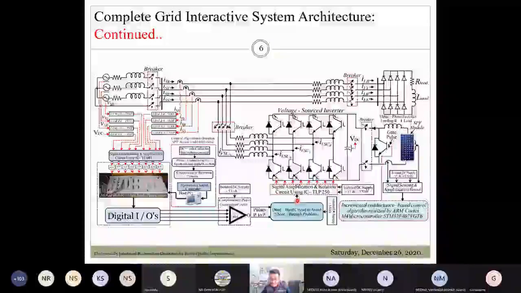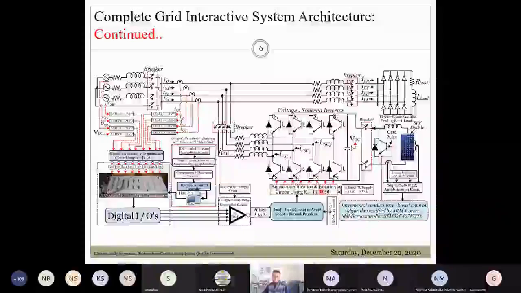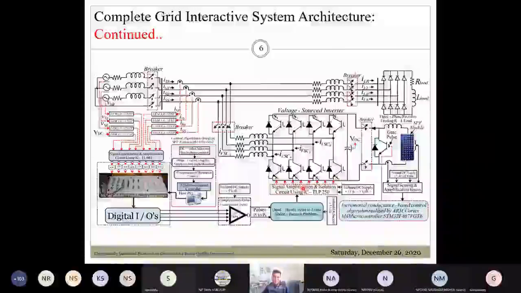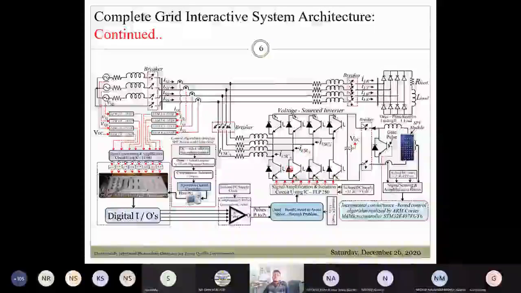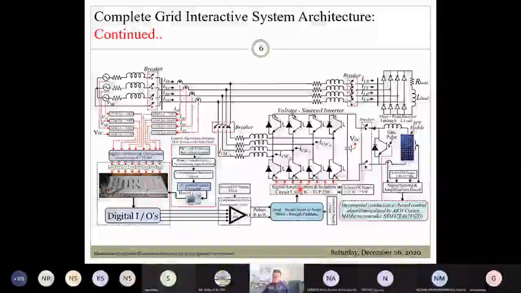To do that, I have employed a TLP250 based IC. This IC not only amplifies the input gate pulse signal from plus 5 volts to 15 volts, but it also provides galvanic isolation between the primary low power circuit and the secondary high power circuit. Then these amplified pulses are given to the specific IGBTs.